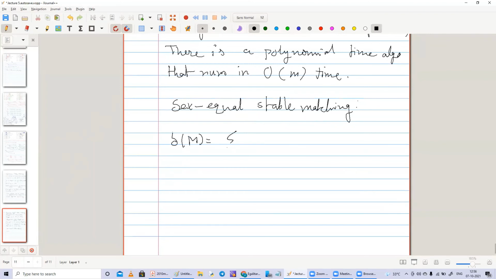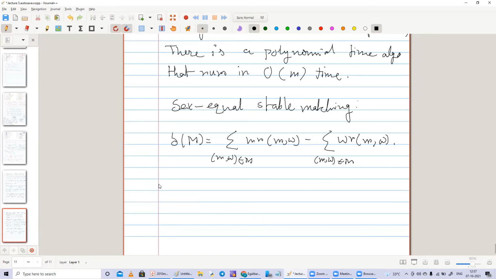Basically, given a stable matching M, we take the sum of all the MR values of the edges that are in M, and then we sum all the WR values, and we subtract the second term from the first one.